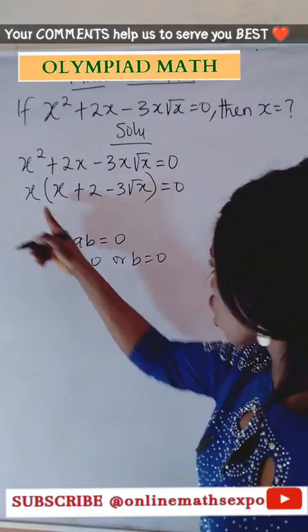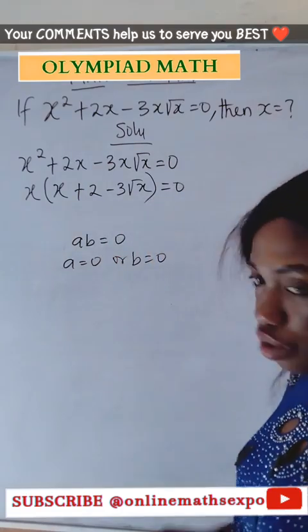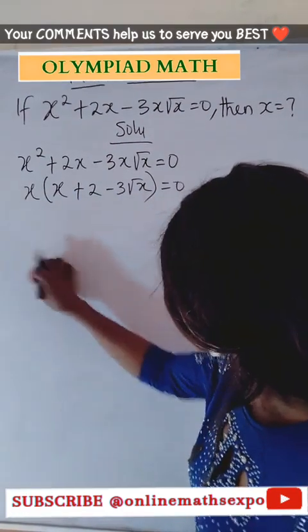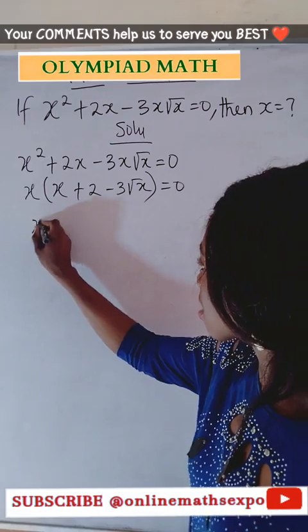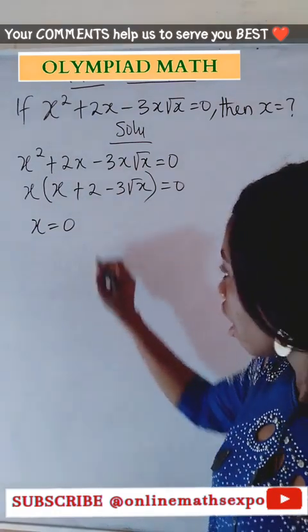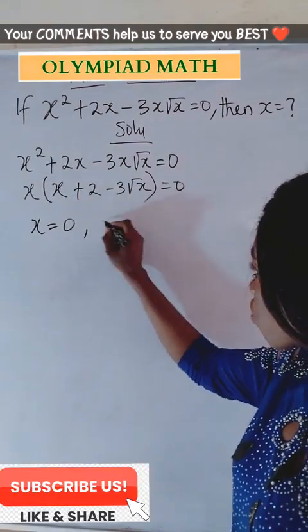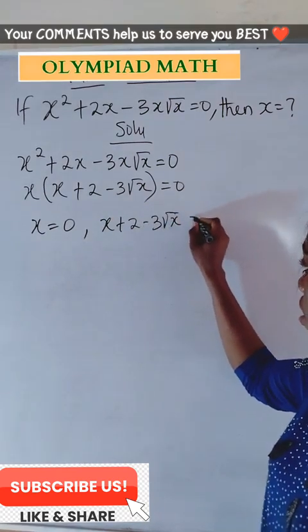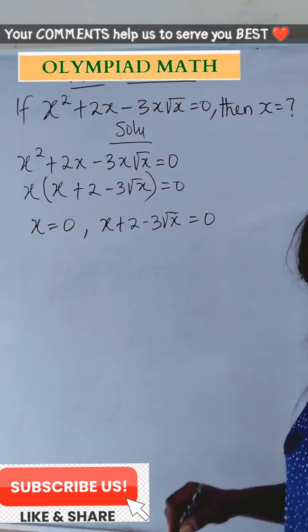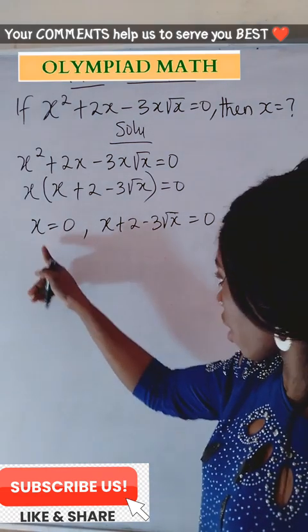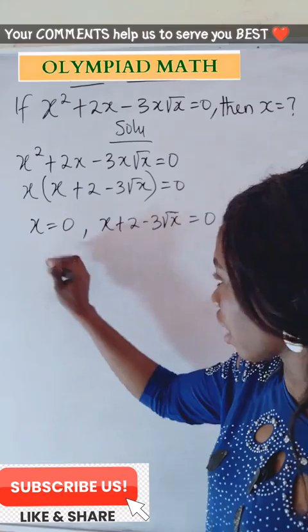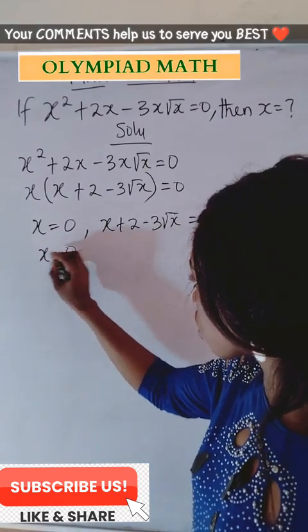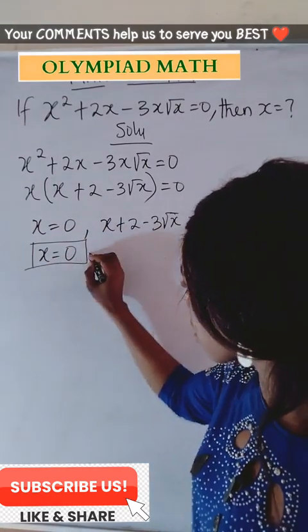So in this case, if you have something like this to be equal to 0, it simply means that this x is equal to 0, or that the whole of this, which is x plus 2 minus 3 root x, is equal to 0. So the work has been reduced that you have been able to find one value of x as what? Equal to 0. So this is the first value of x.